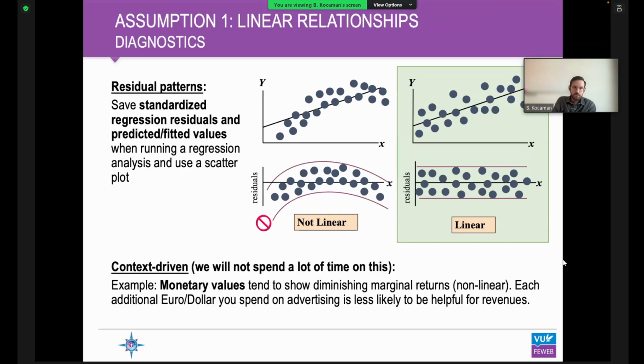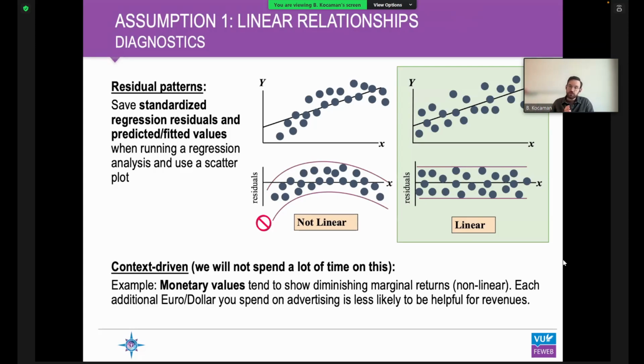We can look at residual patterns, or we can have a more context-driven approach, which we will not spend a lot of time on, but I will come to that in a minute. In the residual patterns, we always look at the error term. And what is the error term when we fit the model? It turns into residuals.